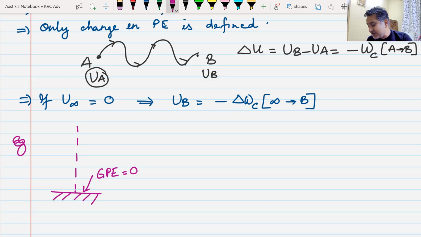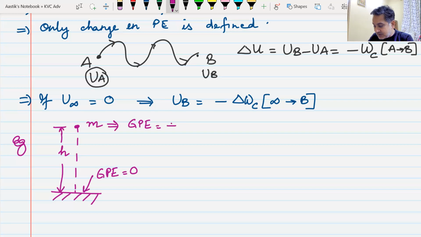So if I take the gravitational potential energy of the ground as zero, and I have a block of mass m at a height h above the ground, then I can take the gravitational potential energy of this body as plus mgh. Do we understand this?